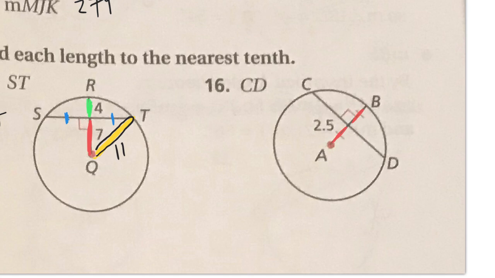But apparently in this particular problem, this red part is also 2.5. At the end of the day, they want CD. We know that the radius is going to be 5 total units because the distance from the center to this point is 2.5 plus another 2.5.